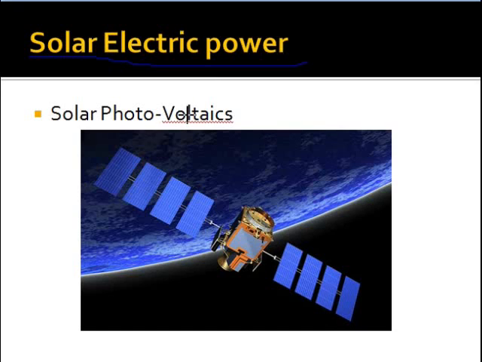The advantages are many and applications are also many, because it is such a simple device. Almost there are no moving parts in this device.